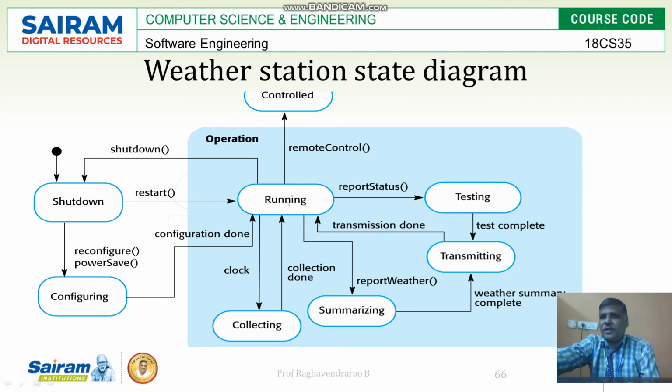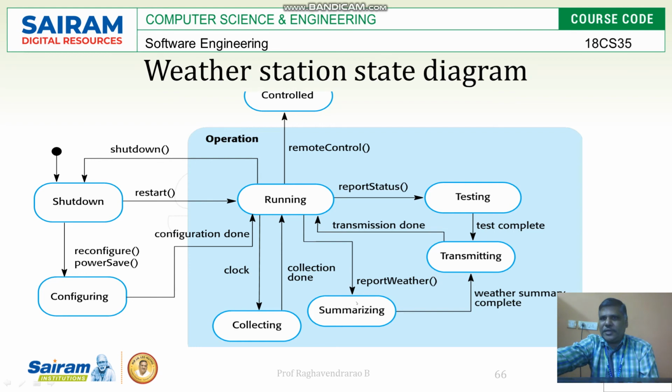Then report status is called to the testing team, to check whether the functions execute correctly or not. So the test is completed and the data is transmitted, transmission again to the running state. From the running state, collect all the information, summarize it and transmit it again.